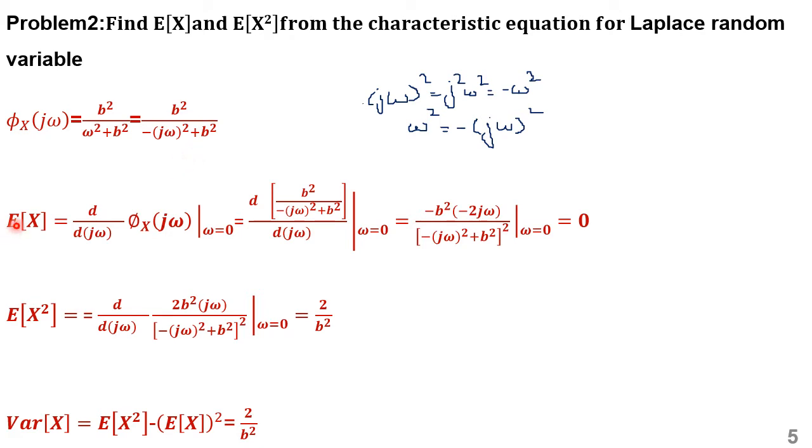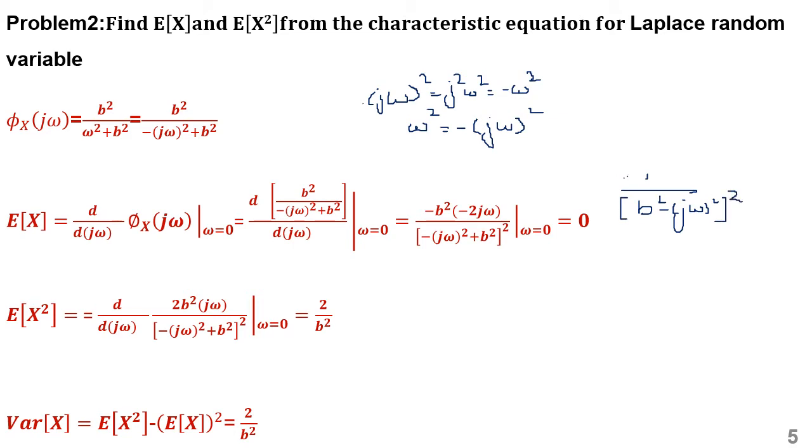Now we need to find the expectation of x. That means I need to differentiate this characteristic function only once, and I need to put the value of omega equal to 0. So when we do this, when I differentiate this, I get 1 divided by (b square minus (j omega) whole square) whole square, with minus 1 in the numerator.